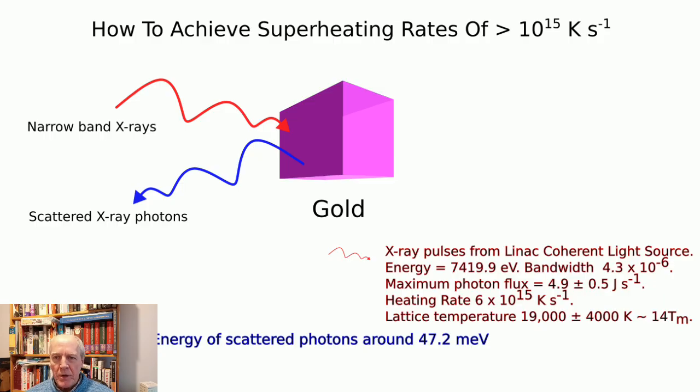Using that source, they managed to achieve heating rates in excess of 6 times 10 to the 15 Kelvin per second. This high heating rate managed to achieve a temperature of gold at approximately 19,000 Kelvin.